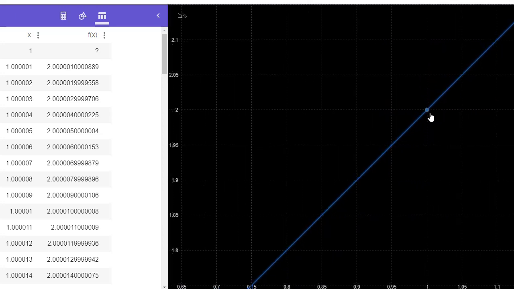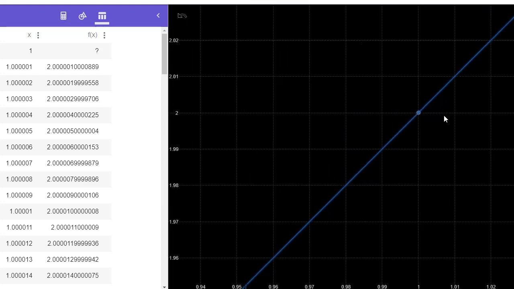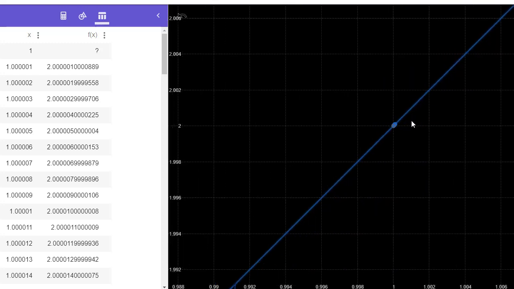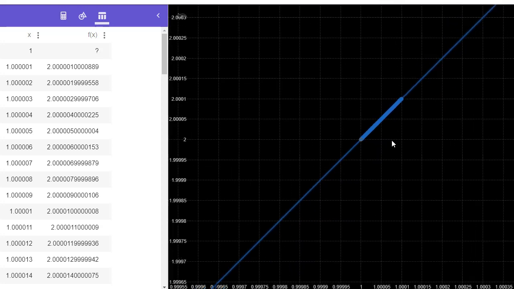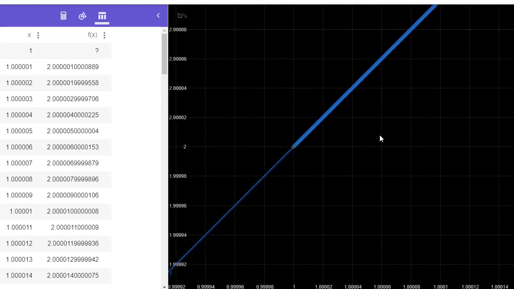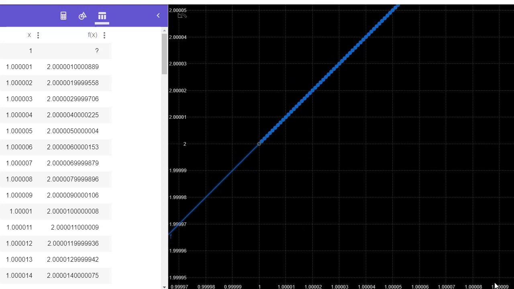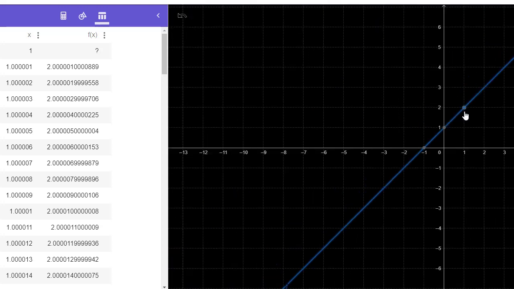If we zoom in again, it takes a while to get close enough, but from the right side we have the same thing. As the x's get closer and closer to 1, the y's are getting closer and closer to 2.